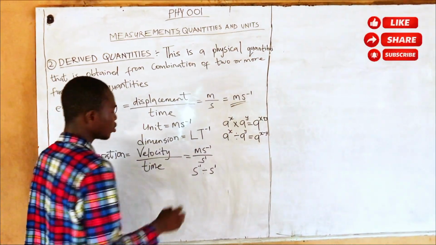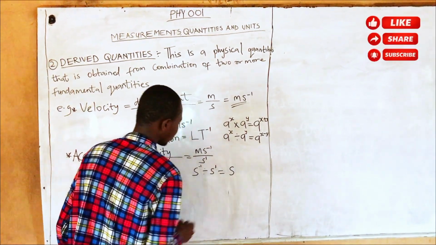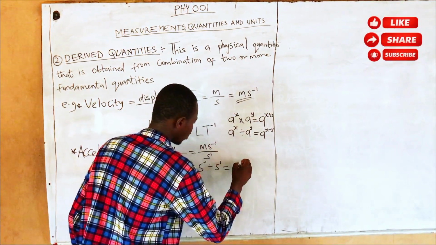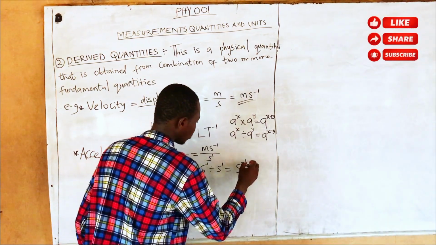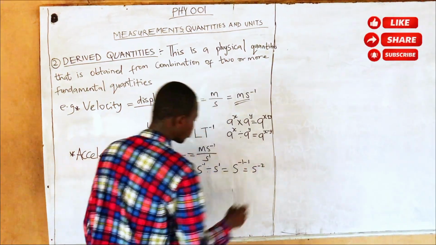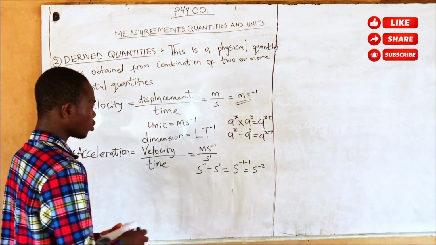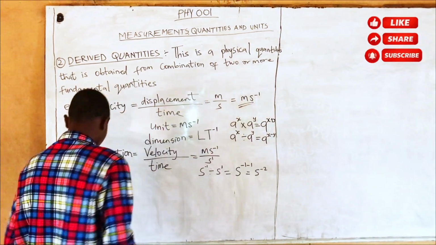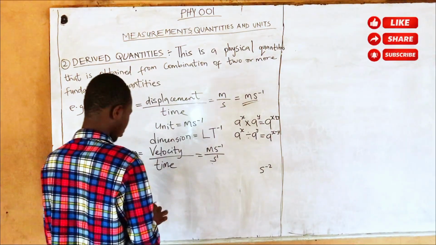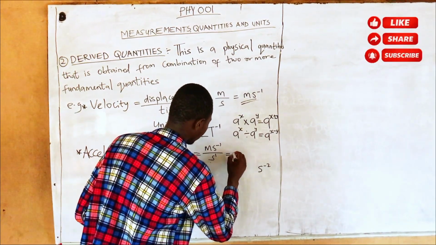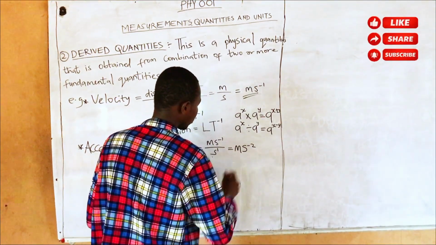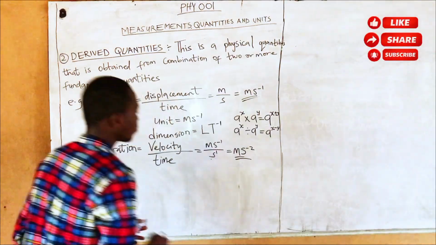S to the power minus 1, right? So it's become what? S minus 1 minus 1. It will now become S raised to the power minus 2. So now our unit will now become meter per second square.